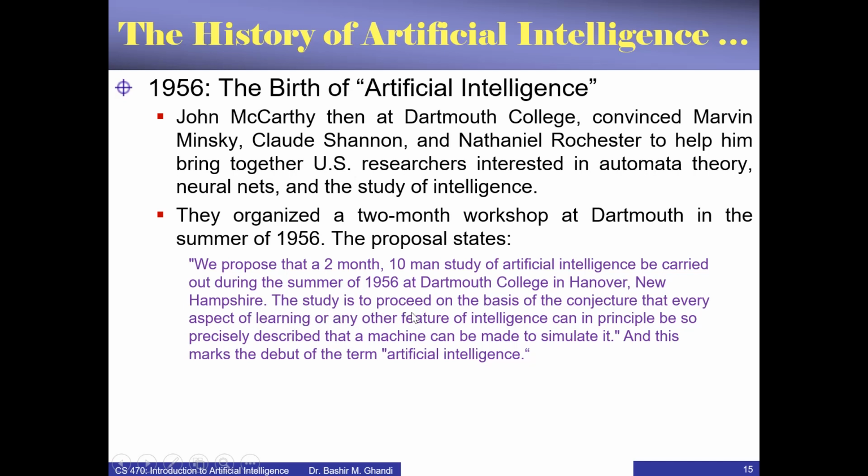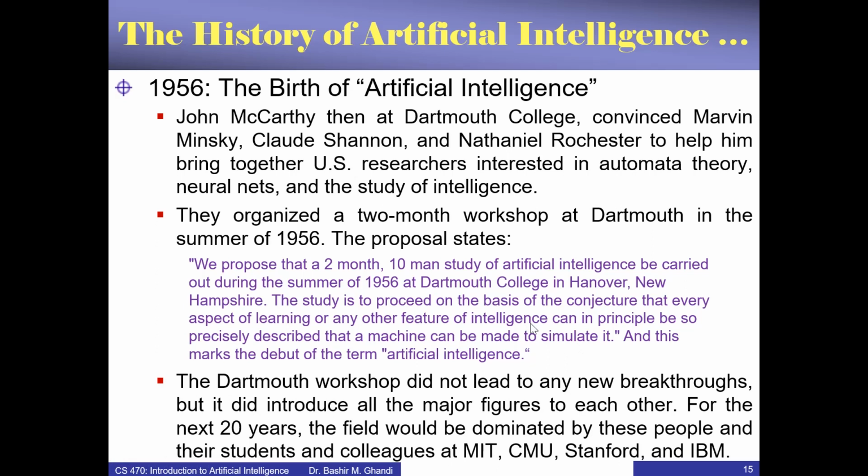The study is to proceed on the basis of the conjecture that every aspect of learning or any other feature of intelligence can in principle be so precisely described that a machine can be made to simulate it."